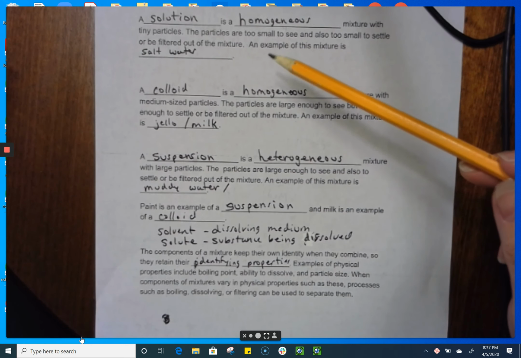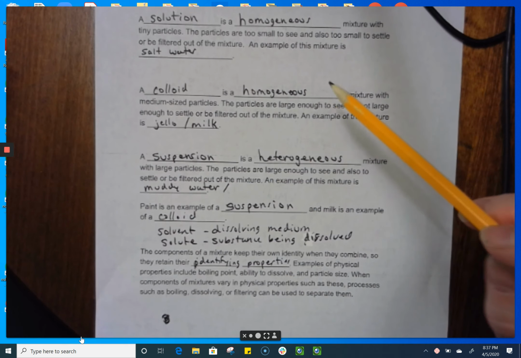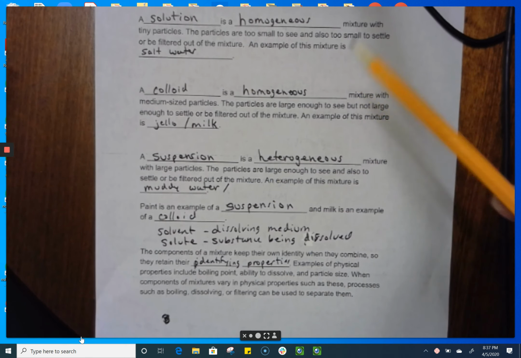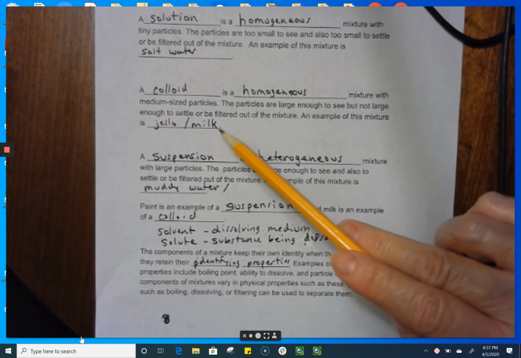The type of mixture with the next larger size of particles is a colloid. And a colloid is a homogeneous also, but the particles are large enough that you can see them, but they don't settle out. And an example of a colloid would be jello or milk.